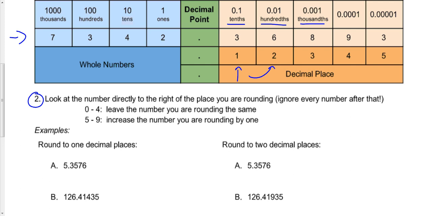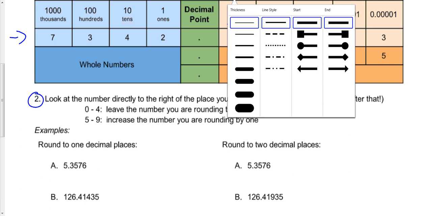The number to the right of the decimal place I'm rounding to, if that number is between 0 and 4, then I'm going to leave the number that I'm rounding the same. So in the example that I've got posted up in the chart here, if I'm rounding to 1 decimal place, that number happens to be a 3. So this 3, I'll just quickly highlight that right here.